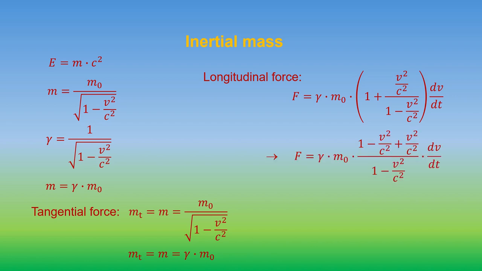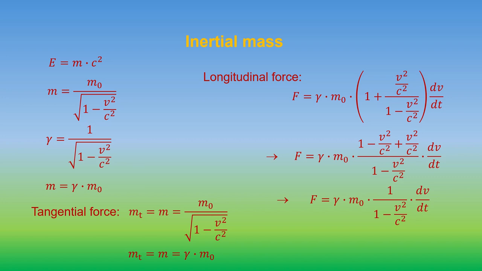F equals gamma times m naught times a fraction within the numerator 1 minus v squared over c squared plus v squared over c squared divided by 1 minus v squared over c squared times dv over dt.